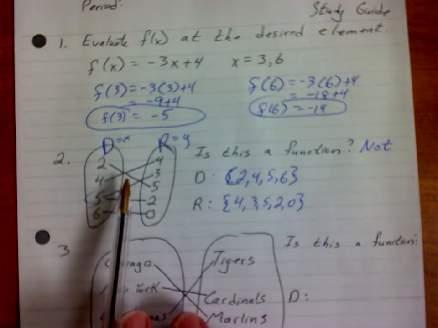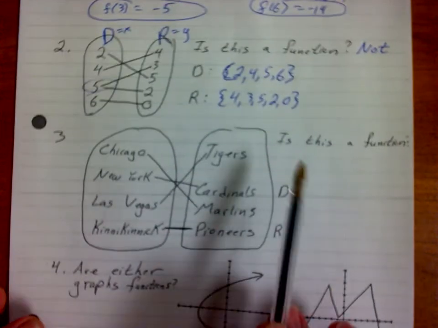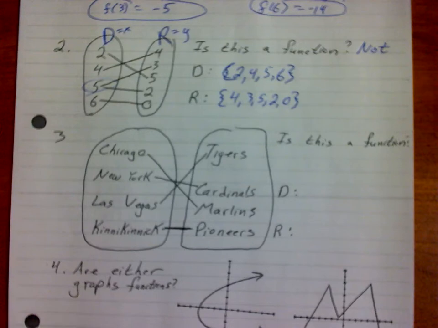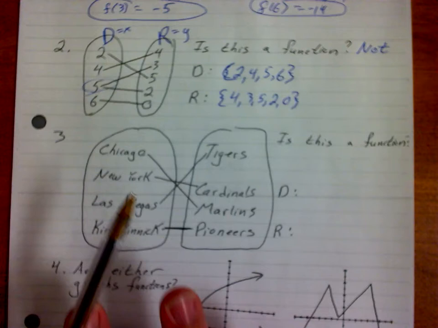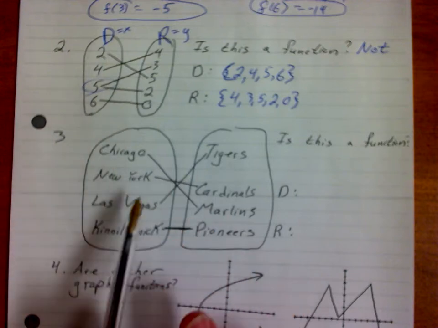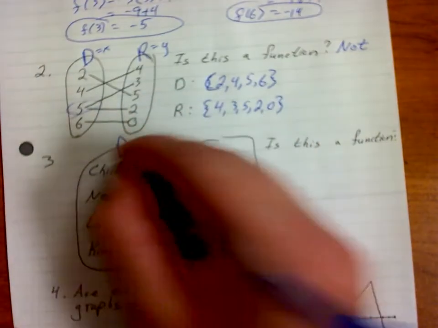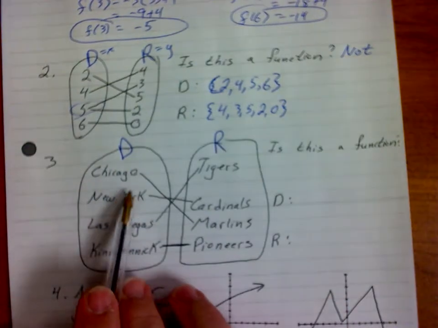Now you'll notice that we have another example where it's asking if this is a function or not, domain and range, but look what they give us. They don't give us numbers this time. Now they're giving us terms. But it's elements, okay? They're all elements. Just like all these were elements, these are all elements. So we still need to see, for this given example, does everything in my first circle, which is my domain, have only one line?